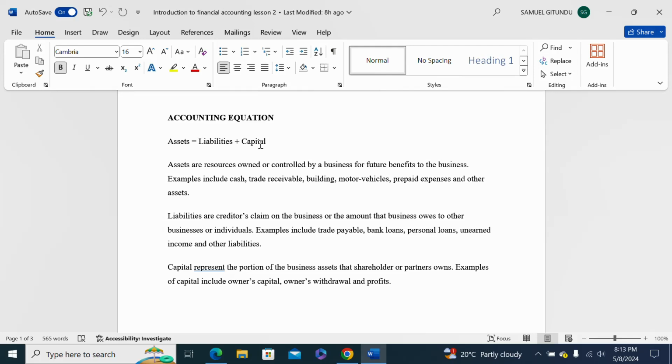And capital can also be defined as the portion that you, as the owner, contribute to start your own business.